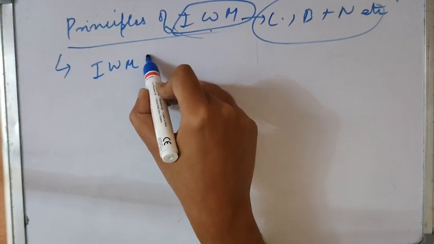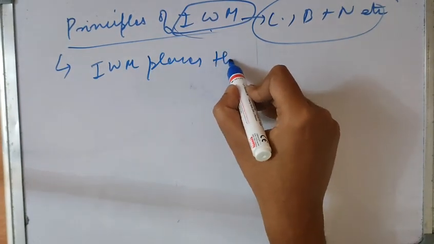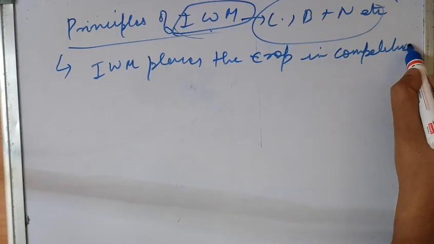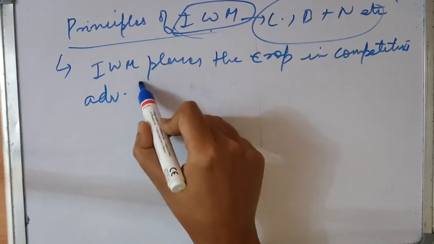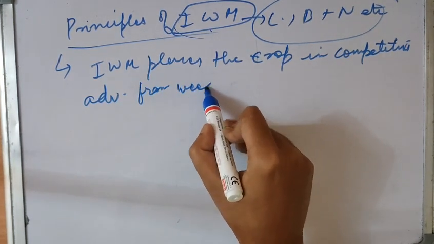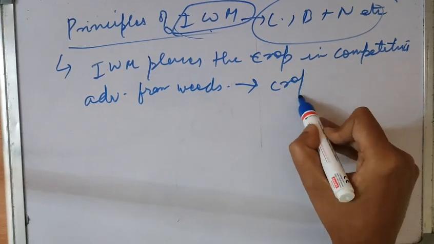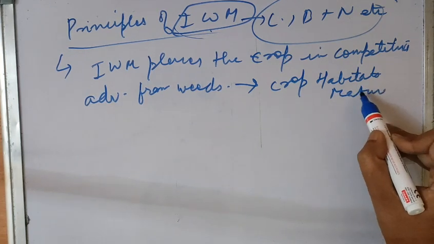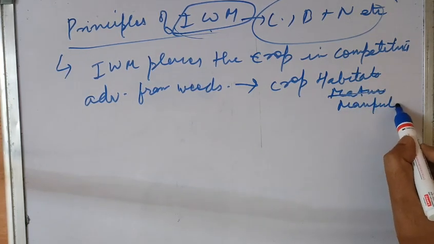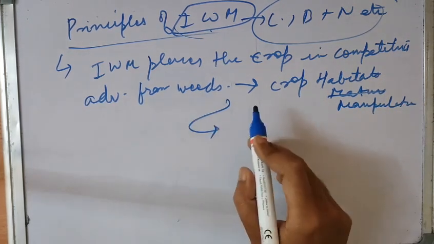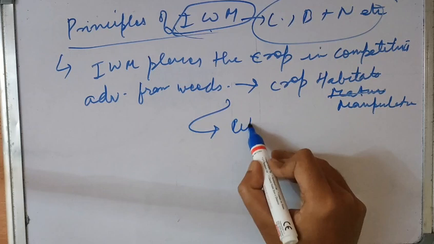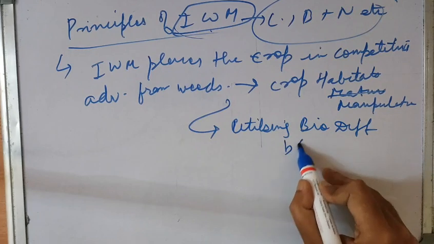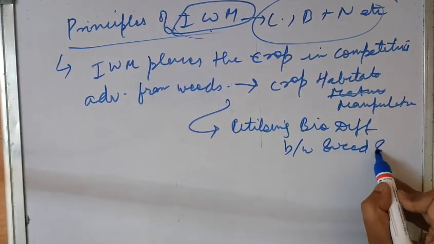IWM, that is integrated weed management, places the crop in competitive advantage from weeds by manipulating crop habitats, by utilizing some biological differences between weeds and crops.